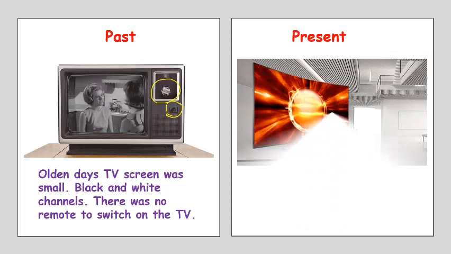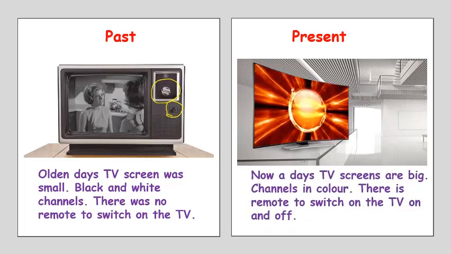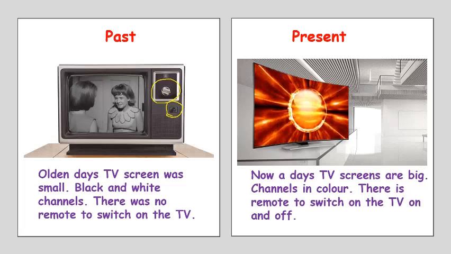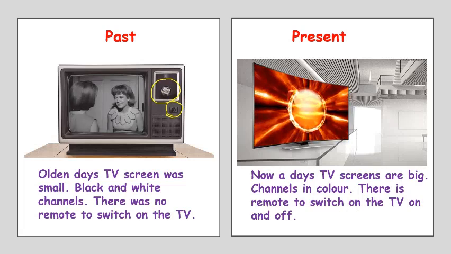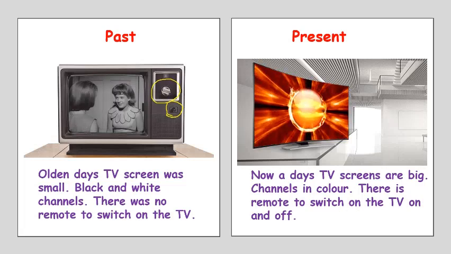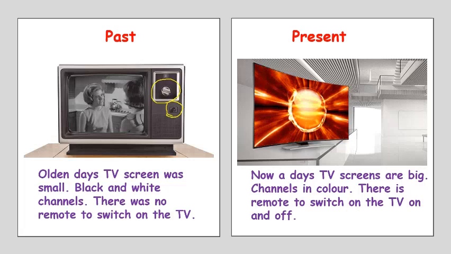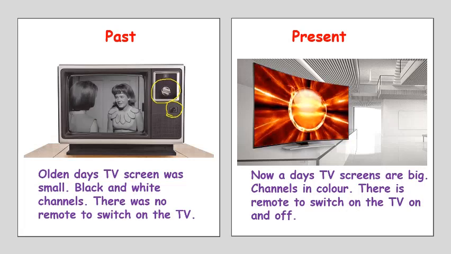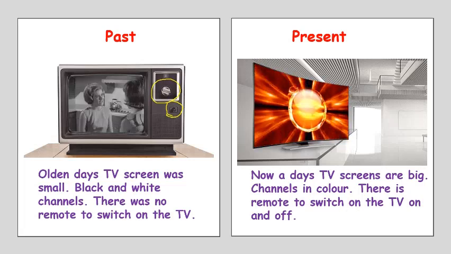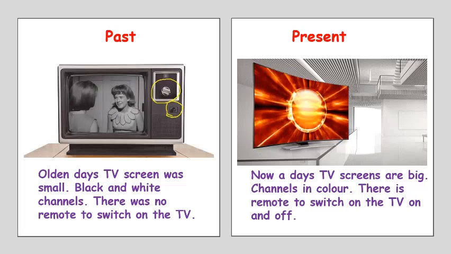In the present time, as you can see, the TV screens are big and channels are in color. Like if you can see cartoons and movies, everything is colorful. And there is remote control to switch it on and off by sitting in one place on sofa or somewhere in the corner of your room, and you can switch it on and off without going near to the TV.